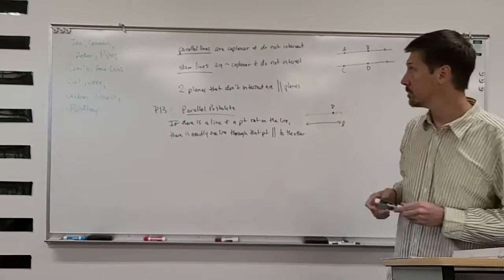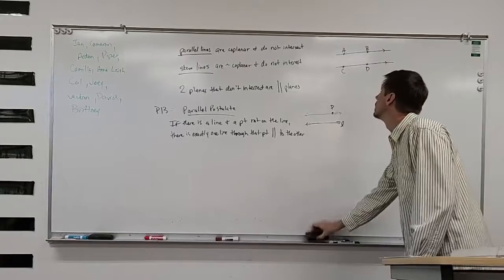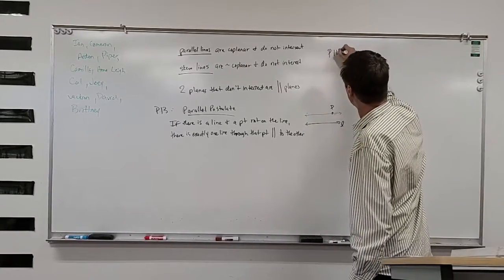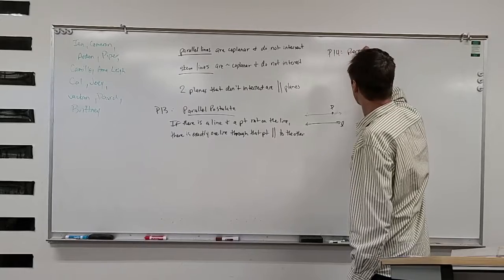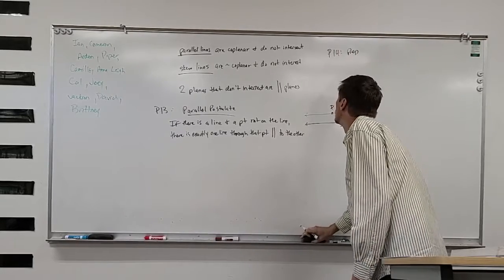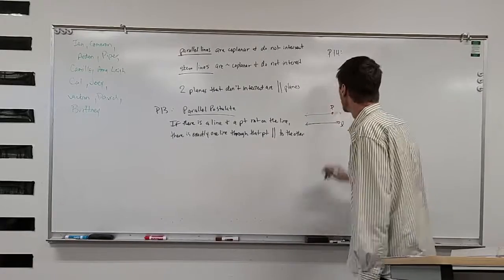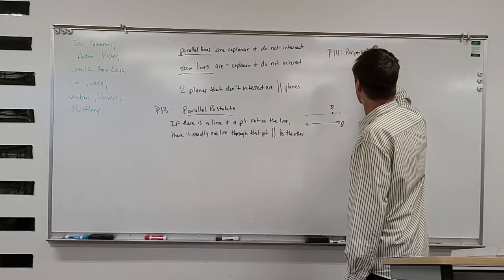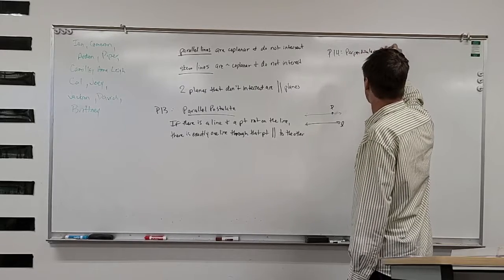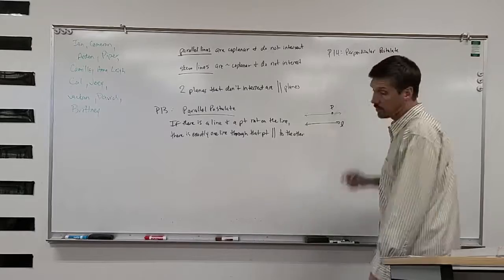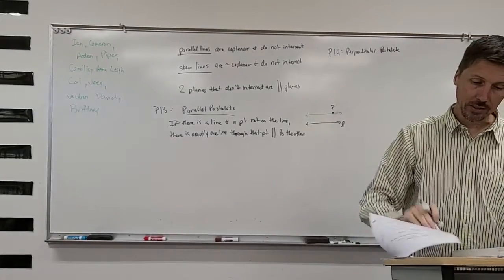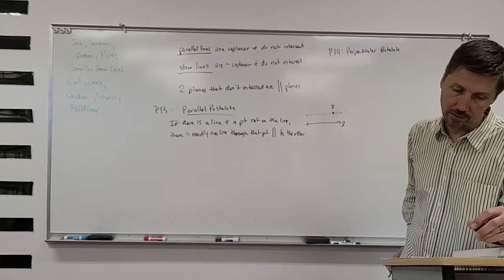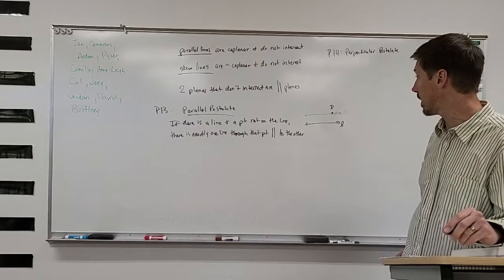And there's another postulate, which is the perpendicular postulate. That's postulate 14. For the perpendicular postulate, it basically says the same thing, but everywhere that you have parallel, you have perpendicular, which is actually just in one spot.